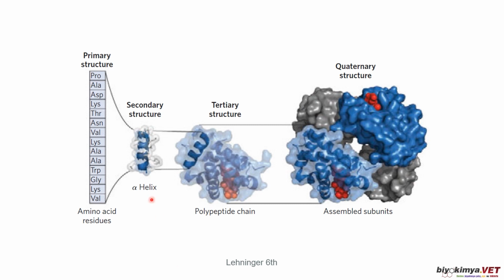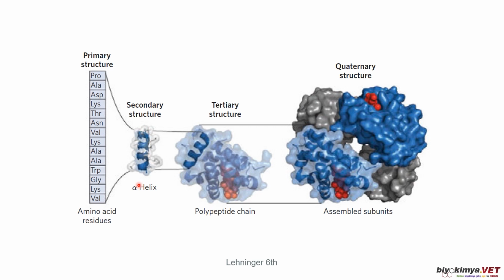Secondary structure is the alpha helix. The term secondary structure refers to any selected segment of a polypeptide chain and describes the local spatial arrangement of the main chain atoms, regardless of the position of its side chains or its relationship to other segments. And there are several types of secondary structures that are particularly stable and commonly seen in proteins.